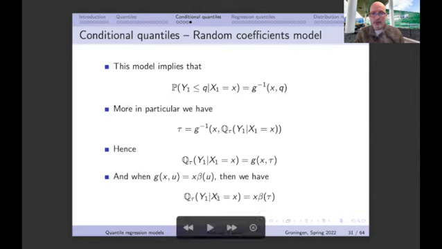But now we should realize that when we look at the random coefficients model, our beta coefficients show how the conditional quantile is going to change when we change the x's. So for example, if I change this x by 1, then my conditional quantile, for example the conditional median, is going to increase by beta tau.